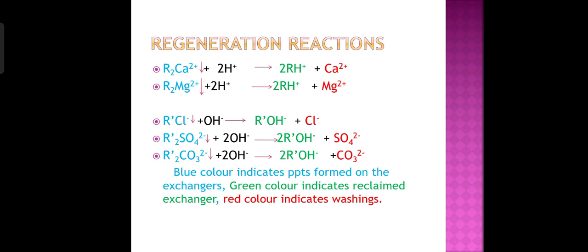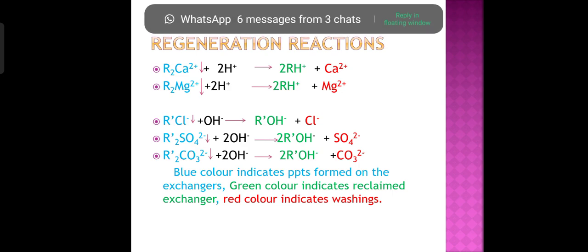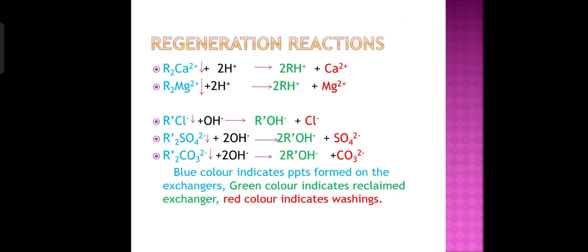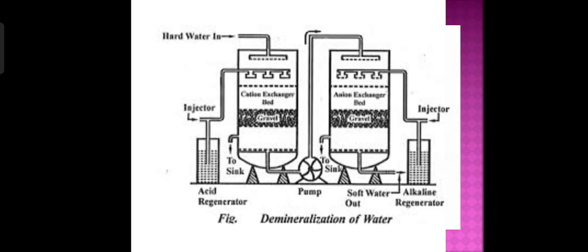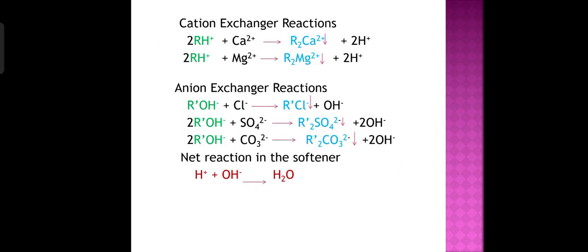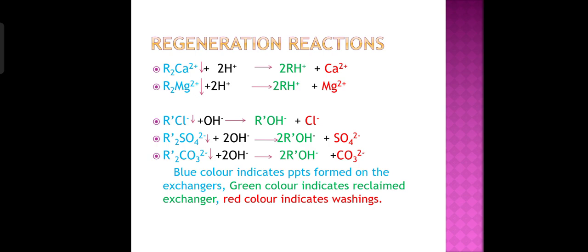The blue color indicates the precipitates formed on the exchangers. Green color indicates reclaimed exchangers and red color indicates washings. So these are the regeneration reactions. After the regeneration process is done, the softening process can be continued for about 12 to 14 hours. So this is the ion exchange process or deionization process or demineralization process.